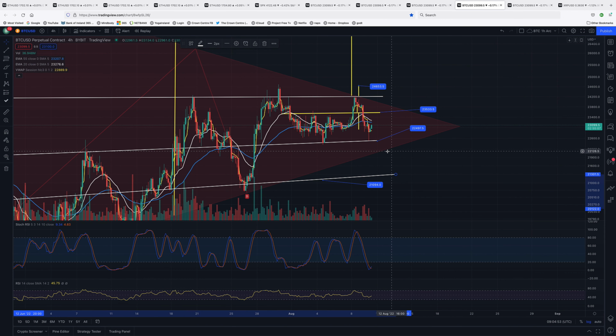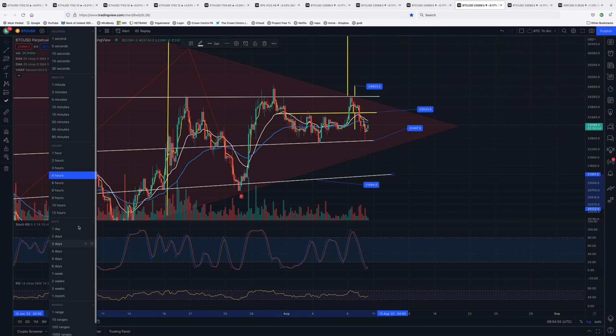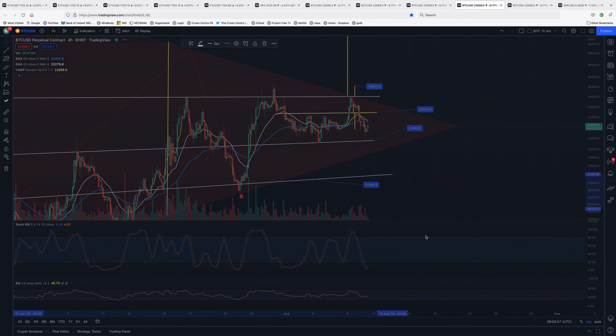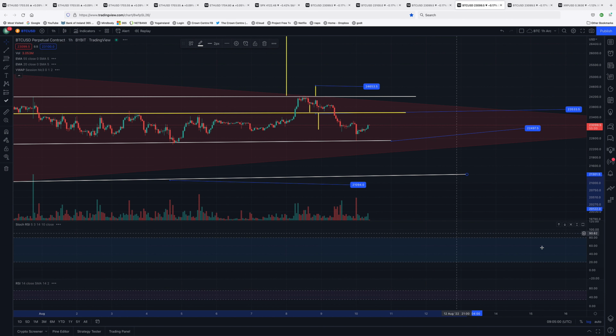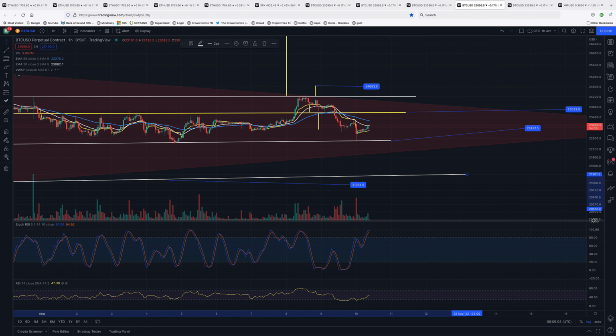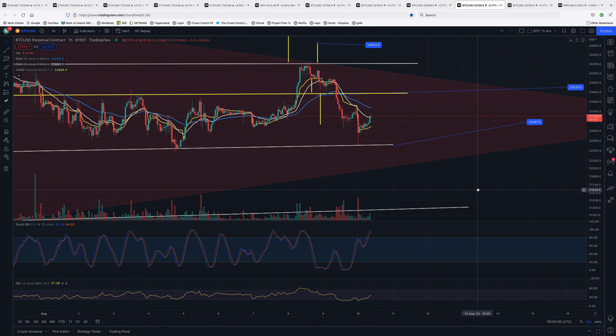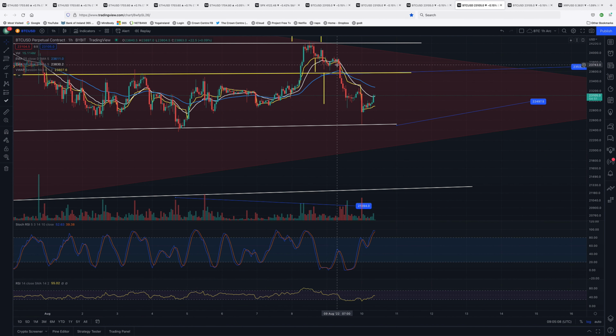Our confirmation for a long would be getting some support on the 1 hour. There we go. On the 1 hour, we are testing for the first time since the peak formation. We are testing the 20 EMA.